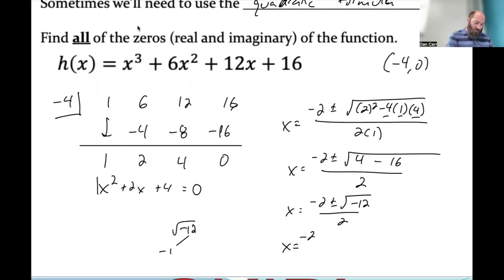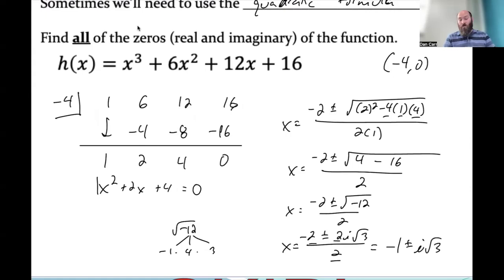That's going to be -1 times 4 times 3. So that's going to turn to plus or minus 2i root 3 all over 2. Since I have 2's here, here, and here, they can divide all out. So it becomes x equals -1 plus or minus i times the square root of 3. And that is my final answer here.